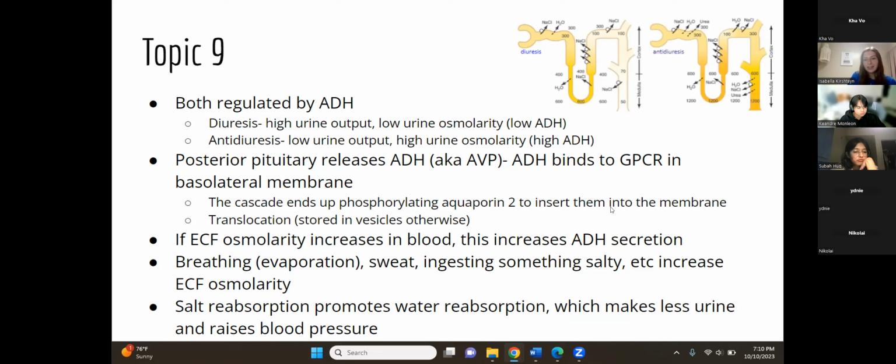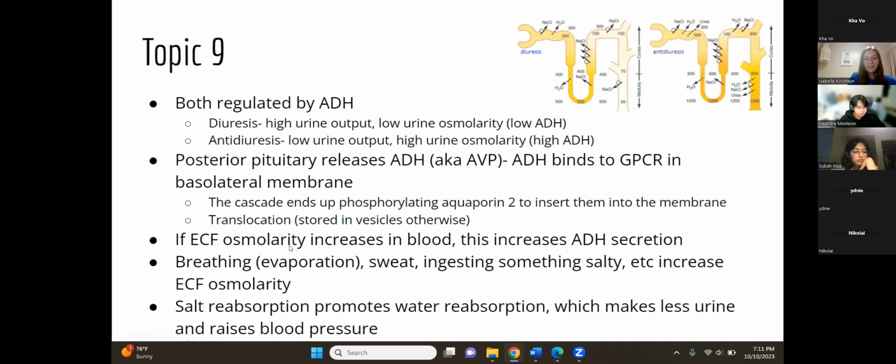I believe they get inserted into the apical membrane. This whole process is translocation because the aquaporins are stored in vesicles, and then they're translocated to reabsorb more water.